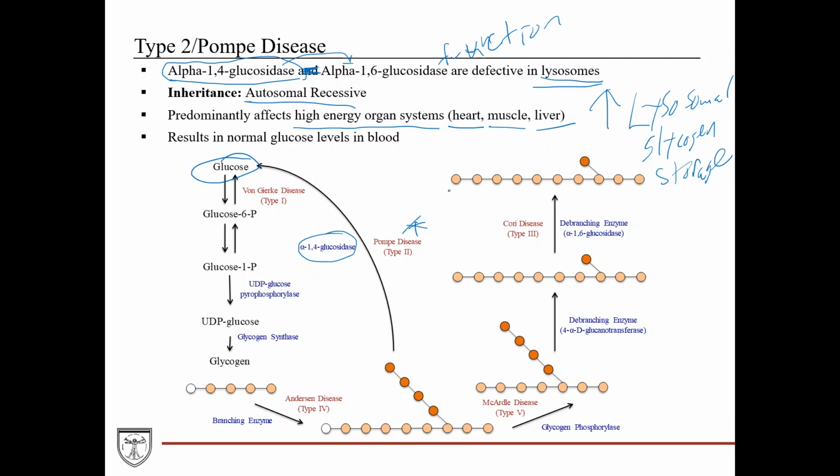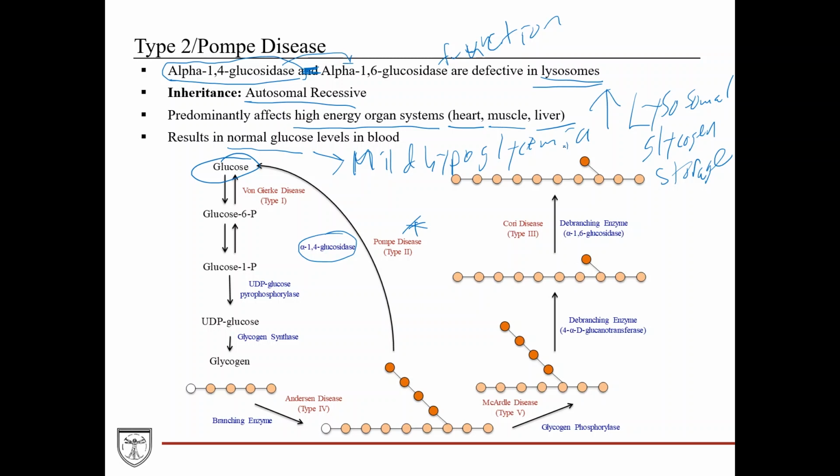Now, since you still have other stores of glycogen available, it can still result in relatively normal levels of glucose. What I would add to this is you can also have mild hypoglycemia. And this is where you're able to differentiate it versus von Gierke disease, which we talked about in the previous slides.